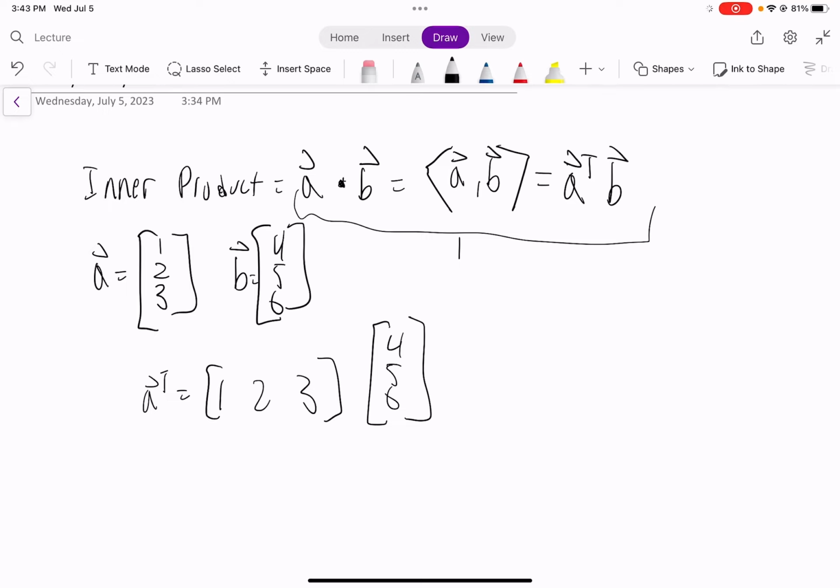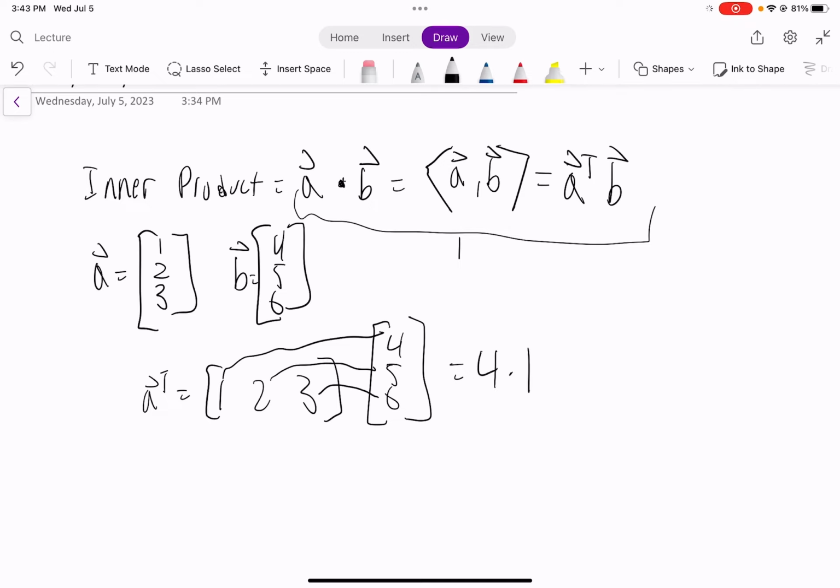And when we do this, we're basically multiplying each element of these vectors one at a time with each other. So the first element corresponds to this element, which corresponds to this element, and we multiply it like that.